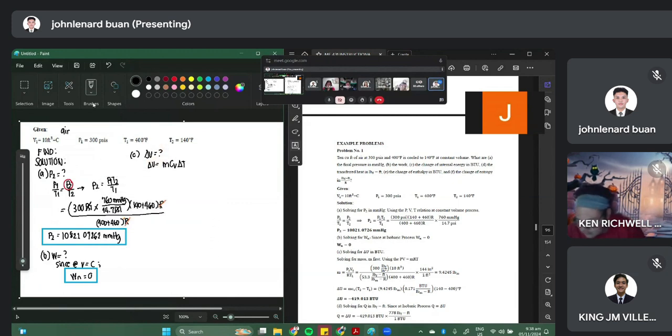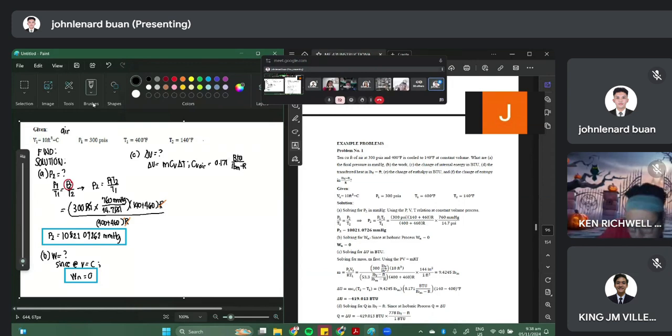Natandaan pa? Okay, so in this case po, we have here values of CV for air. Ilagay natin dito. Ang CV ng air is equal to 0.171 BTU per pound mass Rankine.